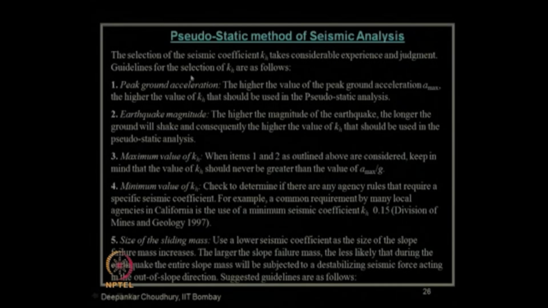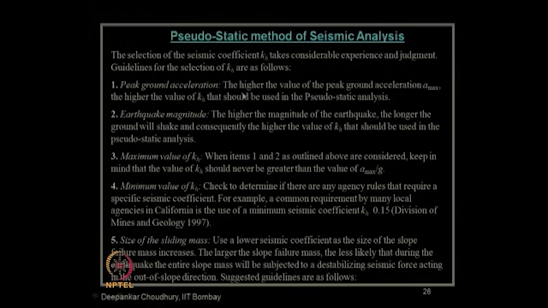Now, how to select this kh value? I have already discussed this, but here are some other points and recommendations as given by various researchers. Let us look at various guidelines for the selection of this kh value for any pseudostatic analysis. First, it will be based on peak ground acceleration.